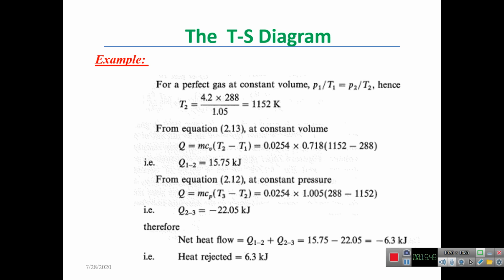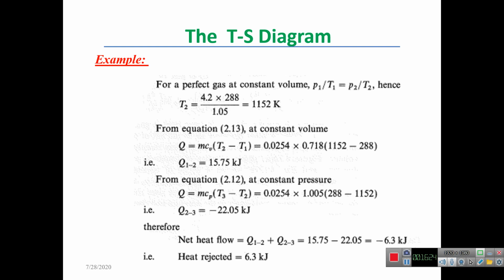Now, for a perfect gas, also we have shown before from the characteristic gas equation P1V1 equal mRT, we can say P1V1 divided by mRT1 is equal to P2V2 divided by mRT2, because P1V1 over mRT1 is equal to a constant.